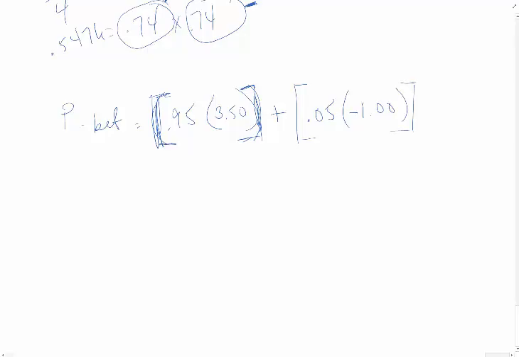So all you do is, what's the value of the p-bet? The p-bet's value is 0.95 of 350, right? Hang on a second, I have to get to a calculator here.